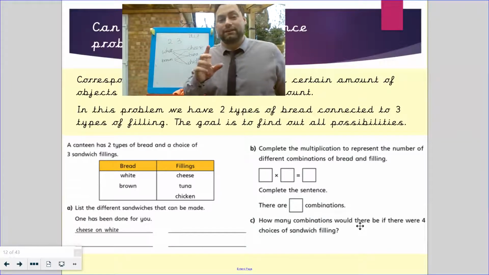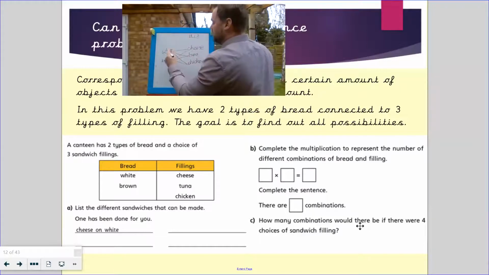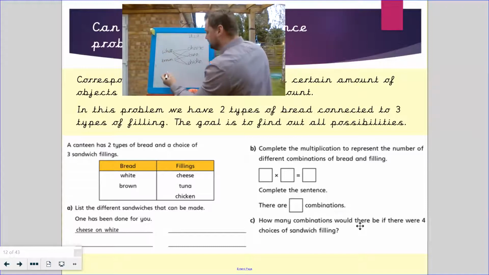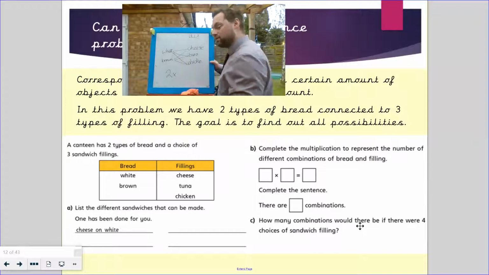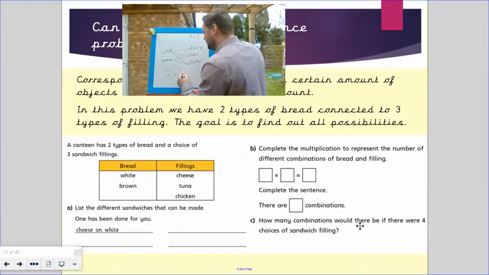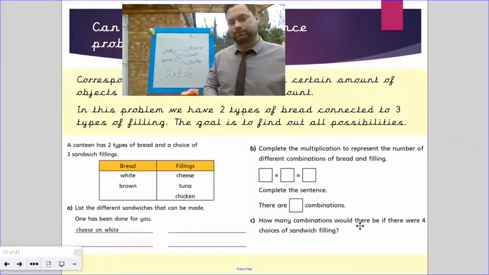So the times tables combination that we're going to write down here, we've got 2 types of bread multiplied by 3 different types of filling. So we get a total of 6 combinations.